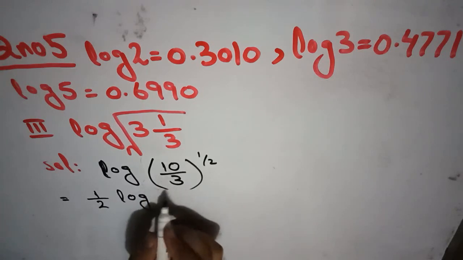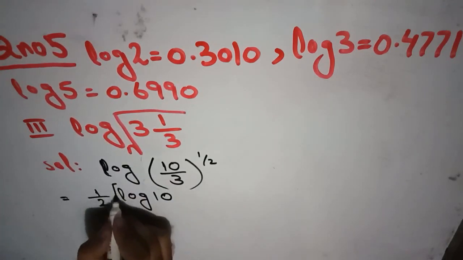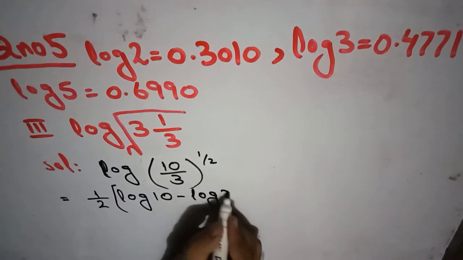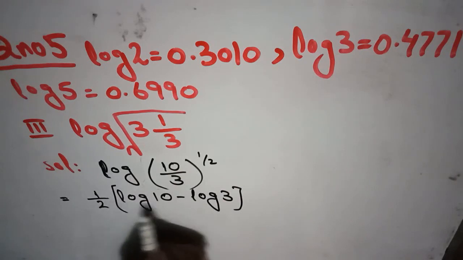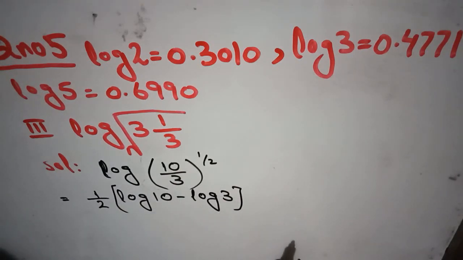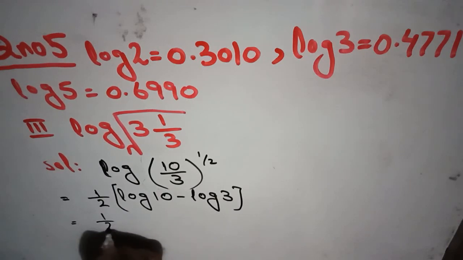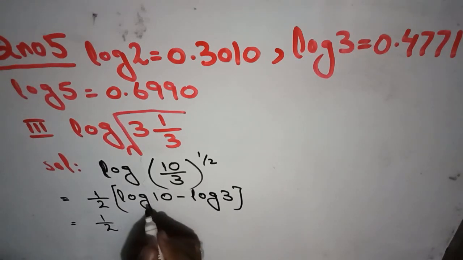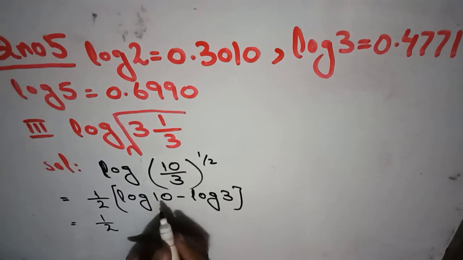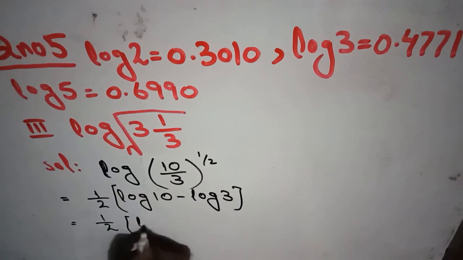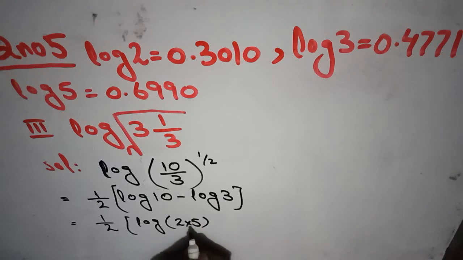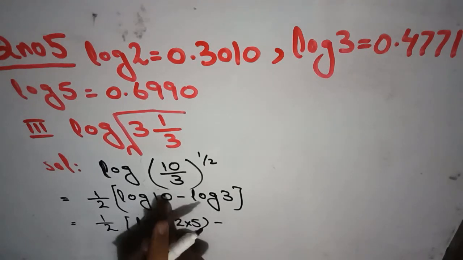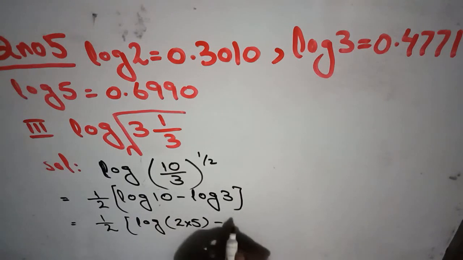So this 10 by 3 can be written as this one minus this one, and you know that this 1 by 2 is a part of the whole value that is written inside the bracket. 1 by 2 log 10 can be written, as I have told you in my previous question, this number is a multiple of some numbers, like 2 multiplied by 5. Yes, 10 can be written as 2 multiplied by 5. So log 3 as it is.